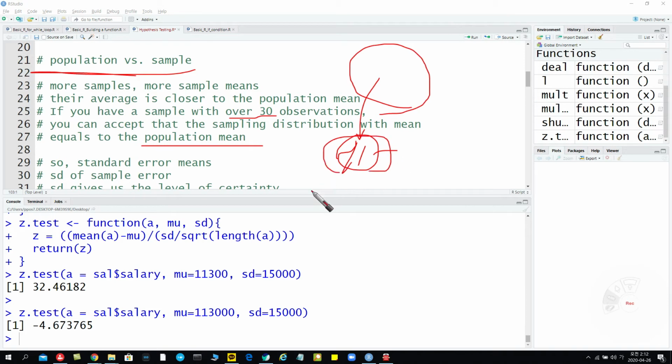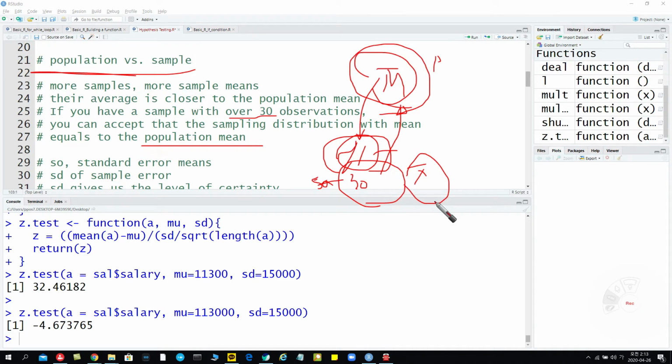This is mu, and this is x bar in the sample. This is the population. So if you have more than 30 samples, it is closer to the population mean. Don't forget about that. So the more samples, the closer to the population mean.